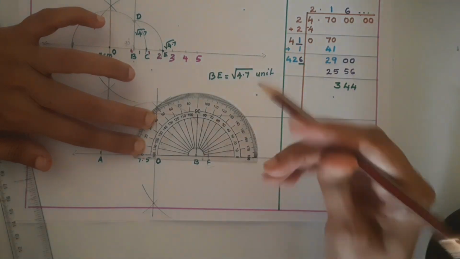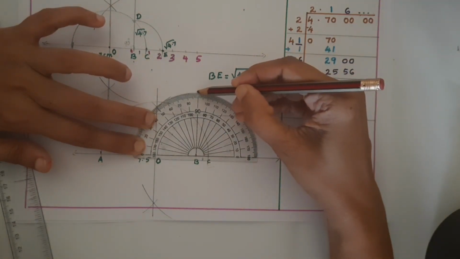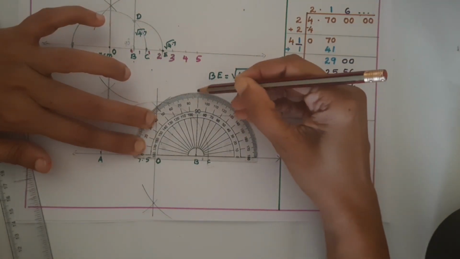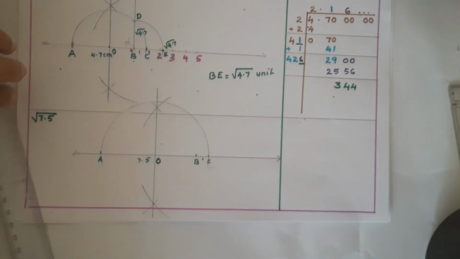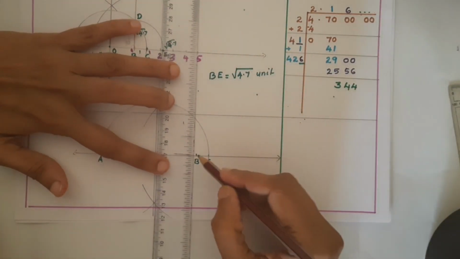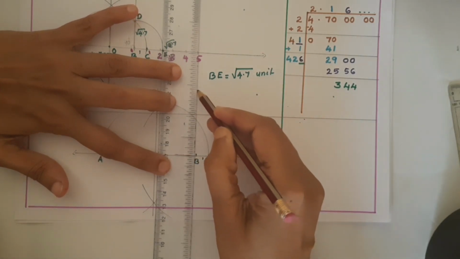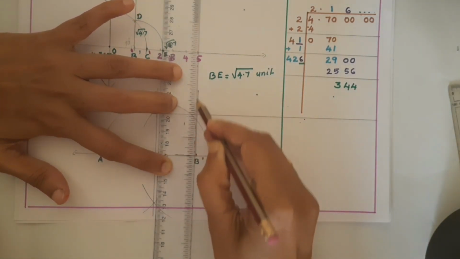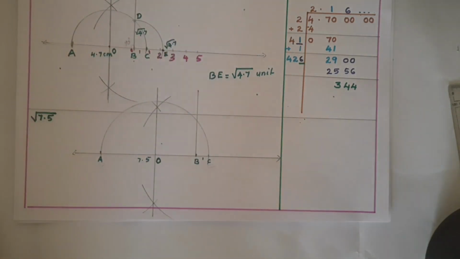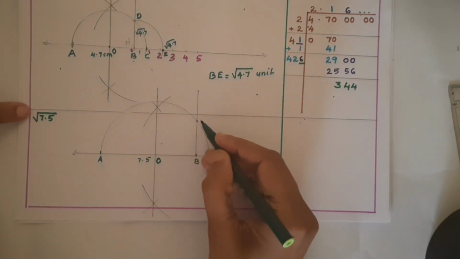Now mark 90 degree. Mark this 90 degree. Then join B and this point. You will get the point of intersection. You have to mark it as D.